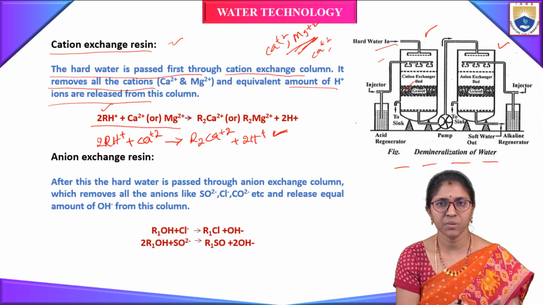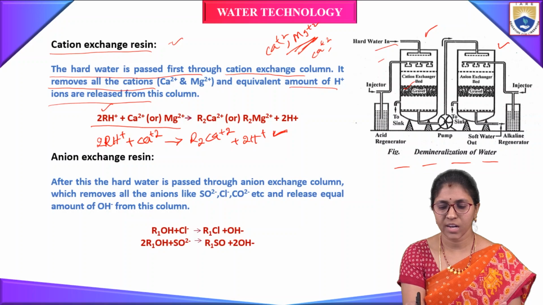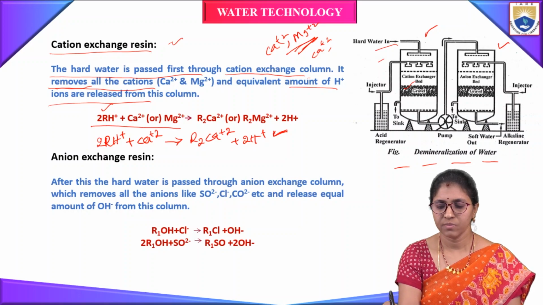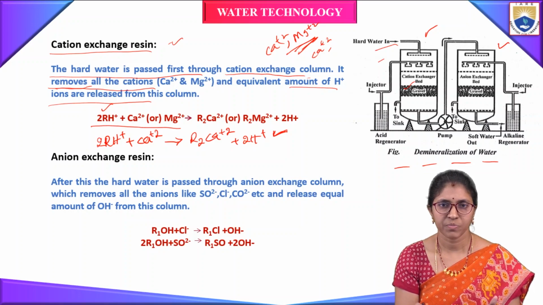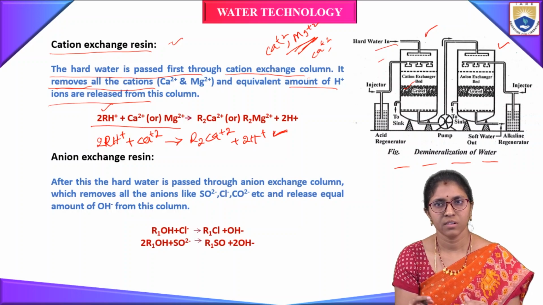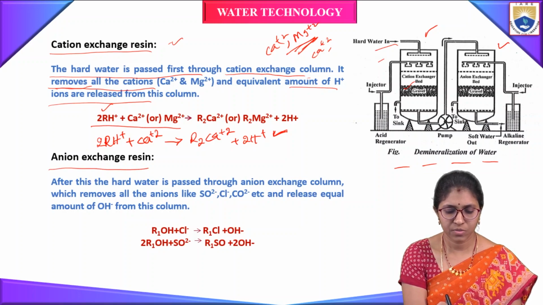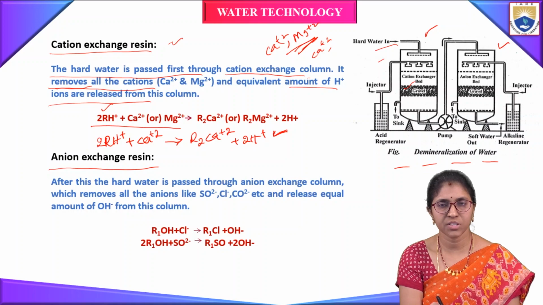The cations from the water are removed by the H+ ions present in the cation exchange resin. It removes all the cations, and an equivalent amount of H+ ions is released into the column.